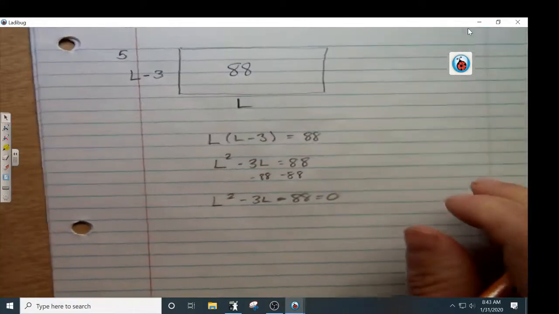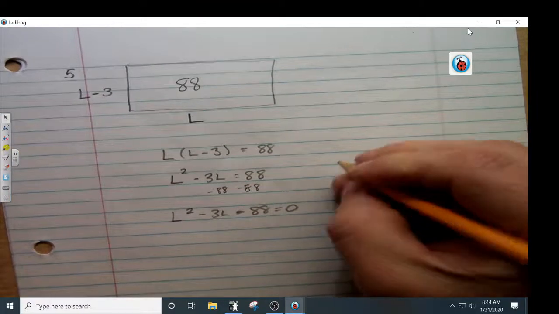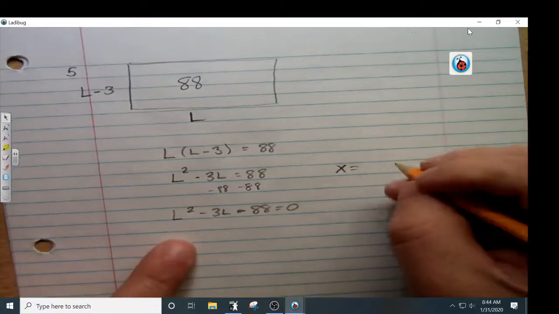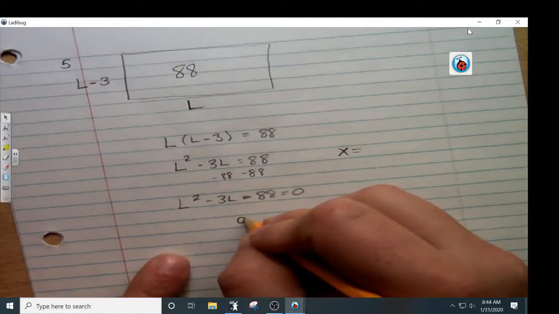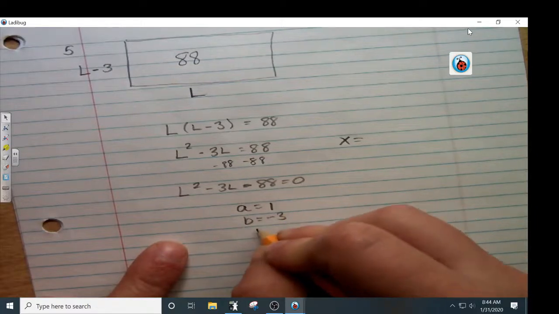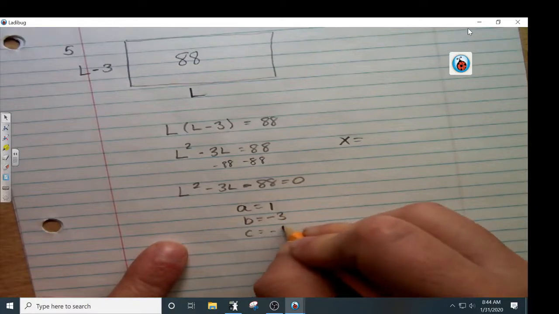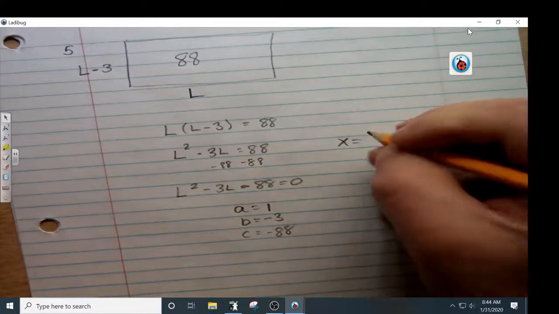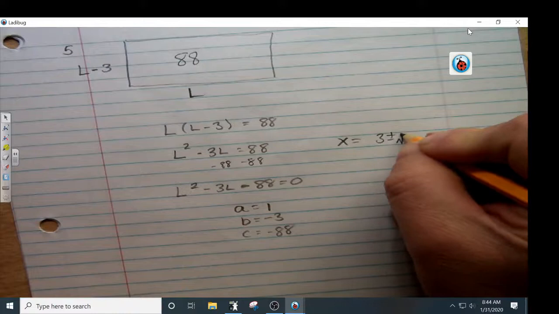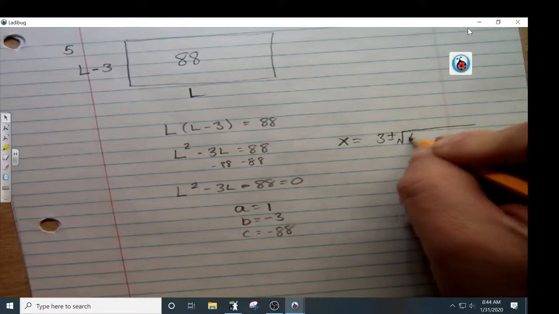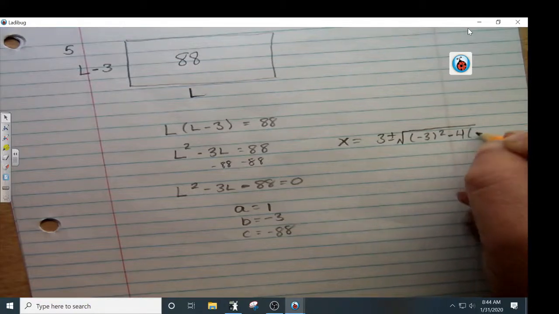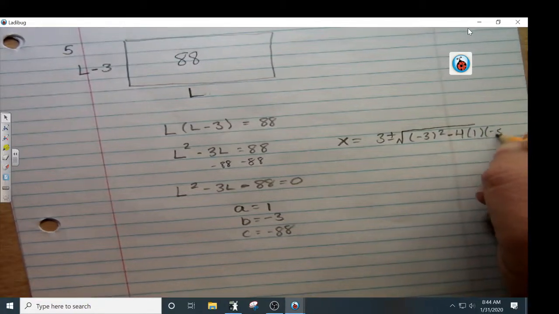Now, going to the quadratic formula, x equals, now, guys, my A is 1, my B is negative 3, my C is negative 88. So it's x equals 3 plus or minus the square root of negative 3 squared minus 4 times 1 times negative 88.